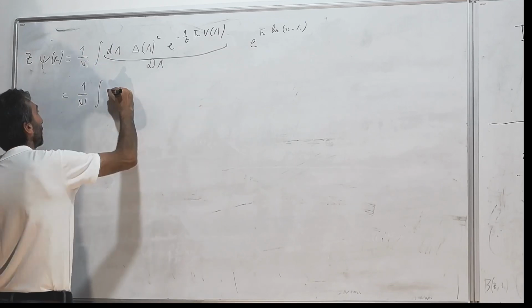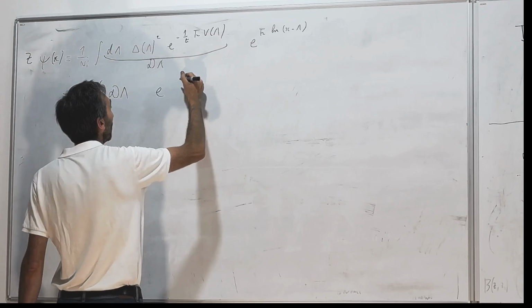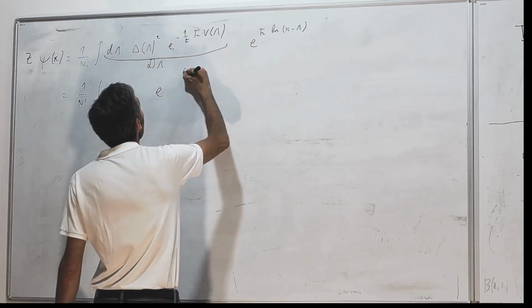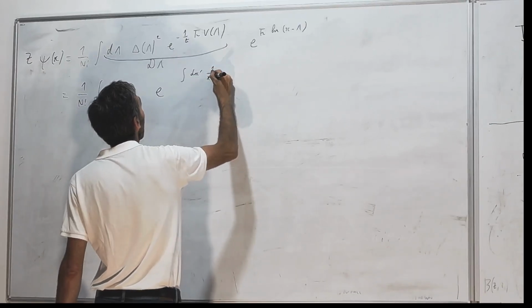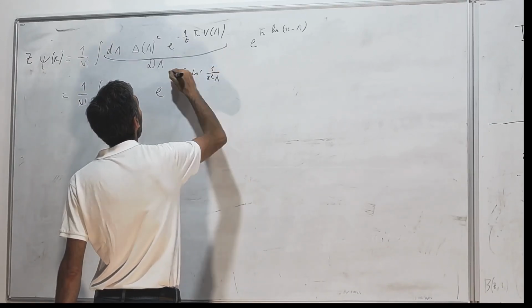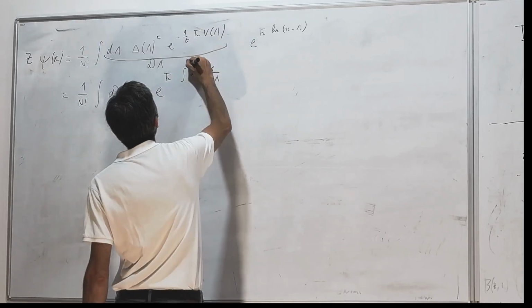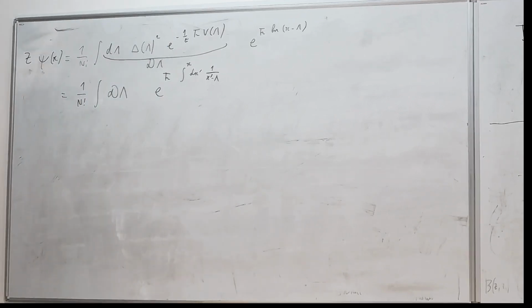D lambda, so it's our measure, times exponential. And let's write this as integral dx prime, 1 over x prime minus lambda, let's put trace, up to x. Well, we would like what would be the starting point of integration.